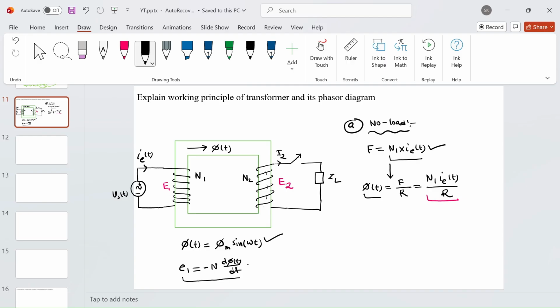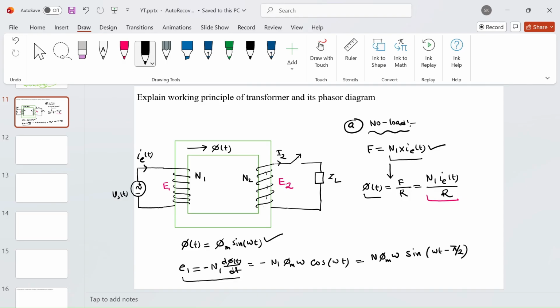So if you consider that, you will get minus n1 phi m omega cos omega t, and this is nothing but n1 phi m omega sin(omega t minus pi by 2).